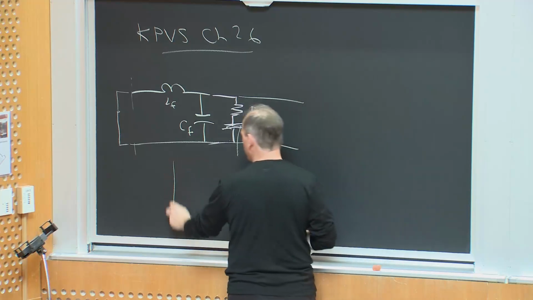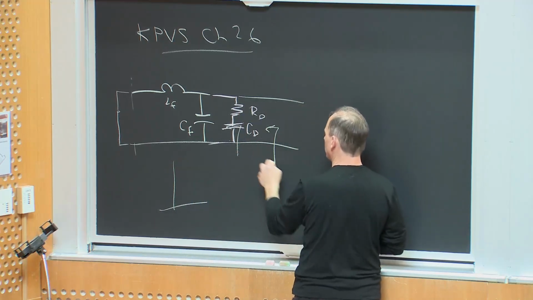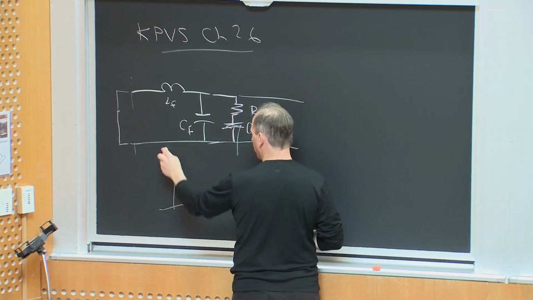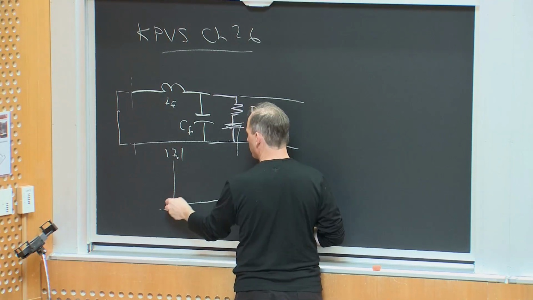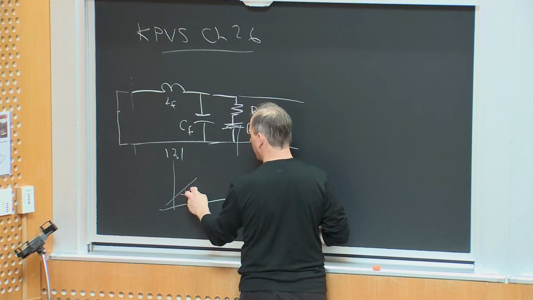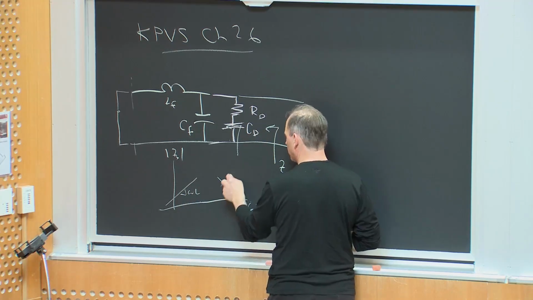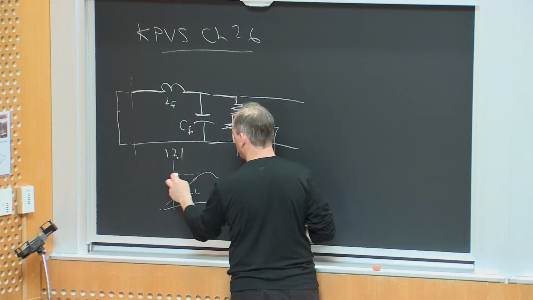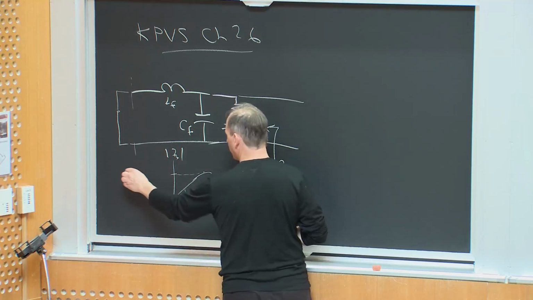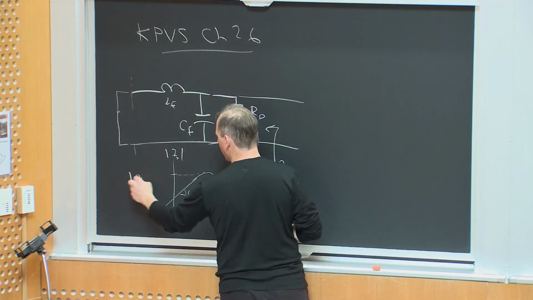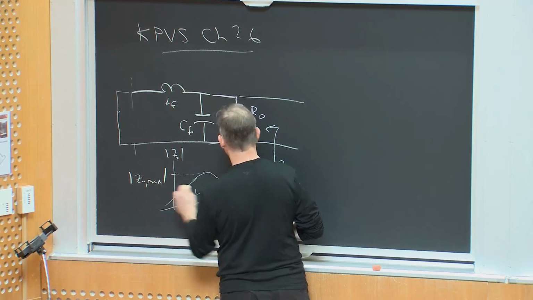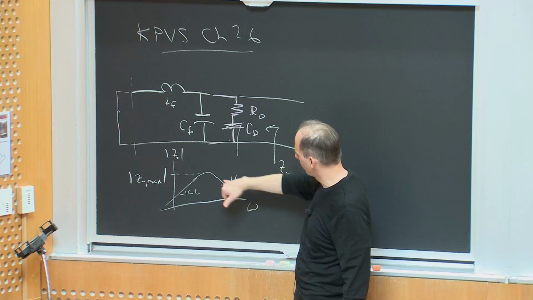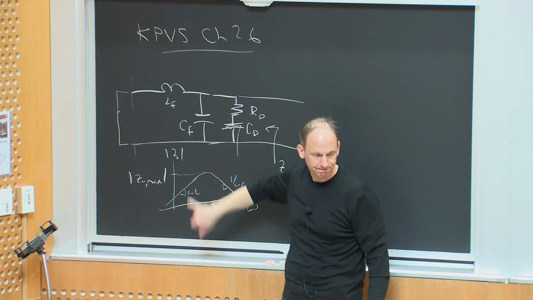So maybe this Z out looks something like this versus omega on a log scale. At low frequencies it rises as omega L. At high frequency it falls as 1 over omega C. And I'll get some peaking in here, which is limited by the damping resistor. If the damping resistor were actually in parallel, Z out max would be exactly the damping resistance.